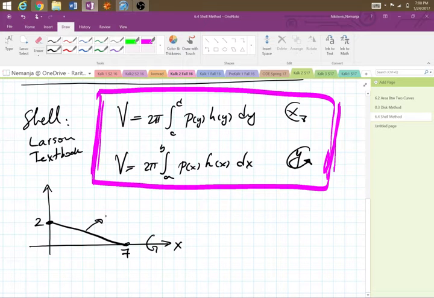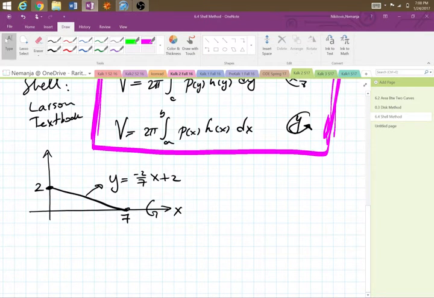So the formula over here was y equals negative 2 over 7 x plus 2. And we had an answer. What was the answer? 28 pi over 3, thank you. So we know what we're hunting, right? 28 pi over 3. We're just going to do this using the shell method.